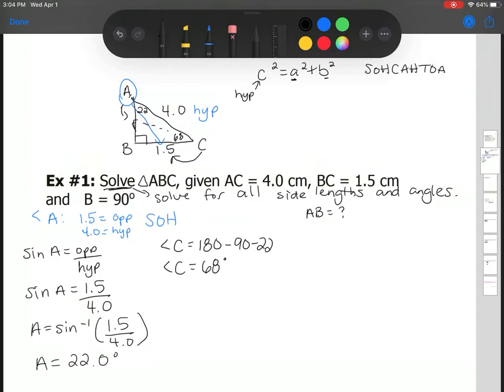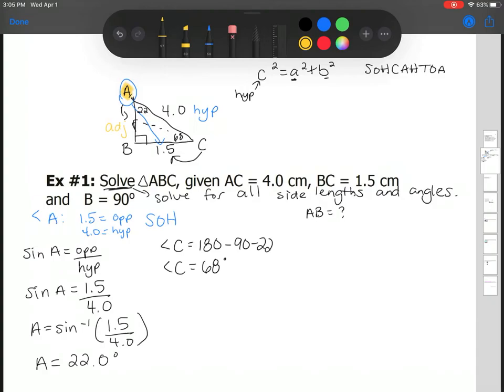Okay, you could use the Pythagorean theorem as well, but I'm just going to stick to SOHCAHTOA so that you get practice with the 8.1 again. Okay, so I'm going to do cos this time, so I'm going to stick with angle A. So now when I do angle A, then the side we're looking for is the adjacent side.